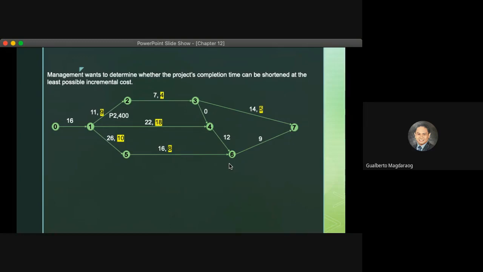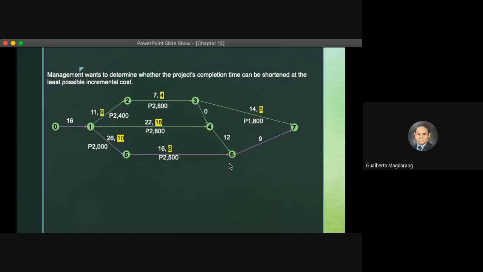And that is 2.4 for events 1 to 2, 2.8 for events 2 to 3, 1.8 for 3 to 7, 2.6 for 1 to 4, 2,000 for 1 to 5, and 2.5 for 1 to 6. Now, the first step in crashing is to determine the critical path. And we already identified that, and that is path 0, 1, 5, 6, and 7.